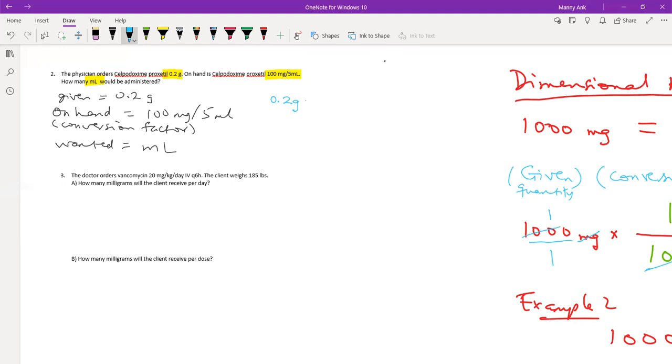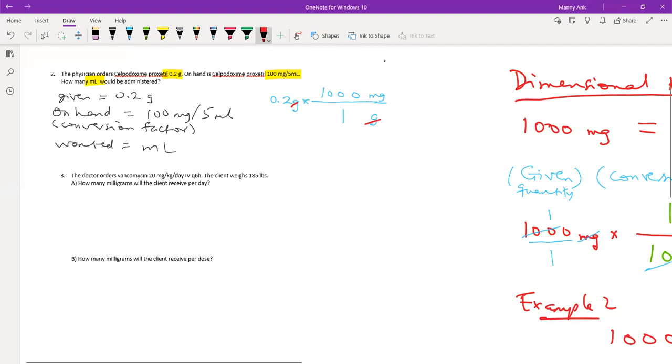So let's multiply by a conversion factor. I want milligrams, so milligrams will be in the numerator and grams in the denominator, so that the grams can cross out. I know that 1,000 milligrams is 1 gram. So grams cross out, and what we have so far is in milligrams.